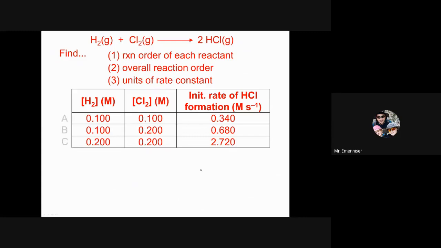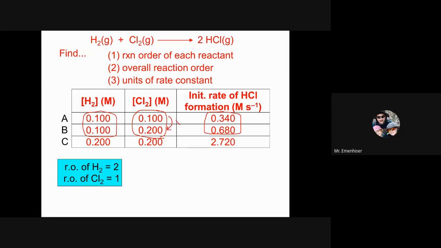First, let's look at chlorine. So here, chlorine, we're going to compare A and C. So let's compare A and C in the table. So if I double chlorine, keep this constant, no change, what happens here? It multiplies by 2.